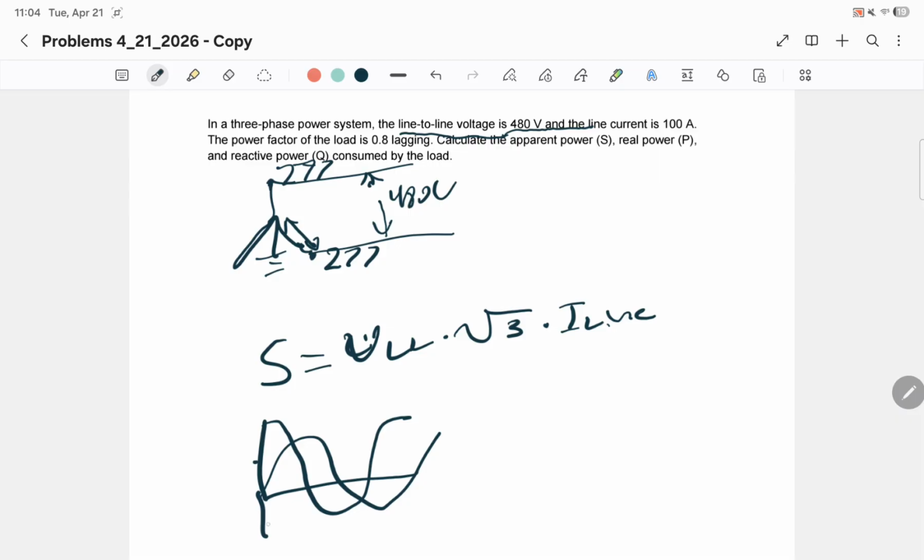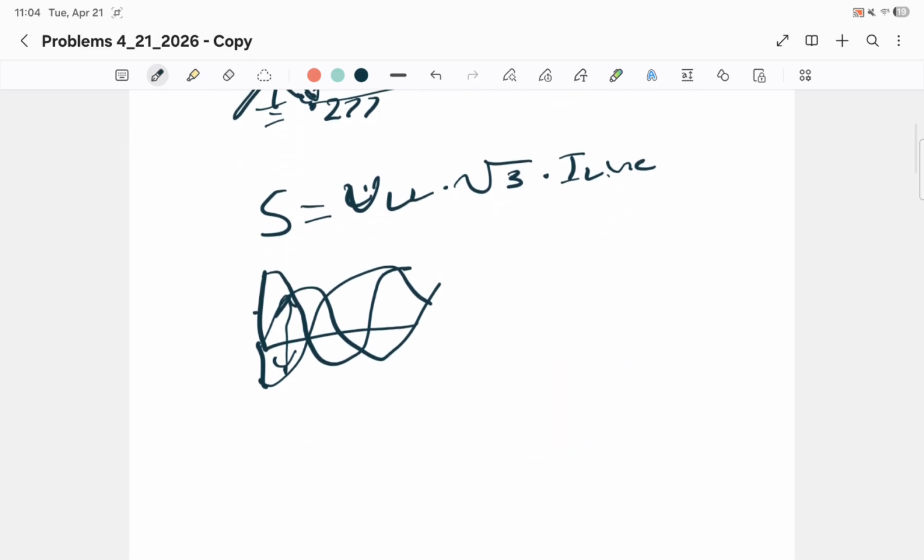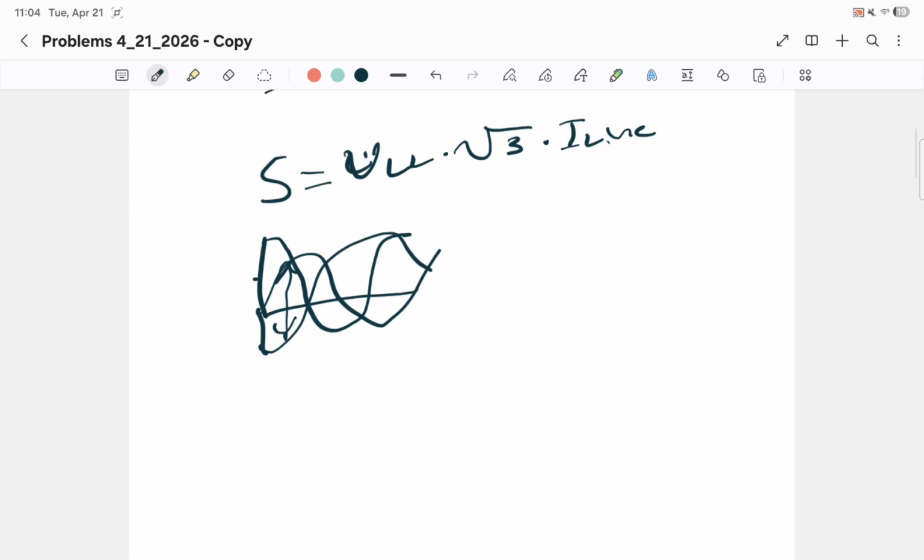It's not great, but a three-phase waveform. At any given point, the voltage is represented across the load as not 0, but square root of 3 times the voltage. So keep that in mind whenever you're solving for three-phase systems. It has to be the square root of 3 to get the apparent power.